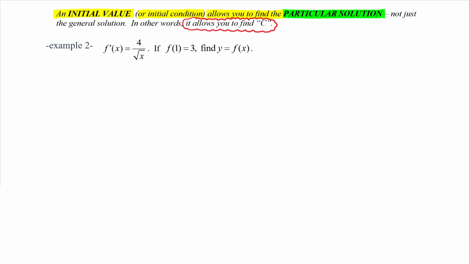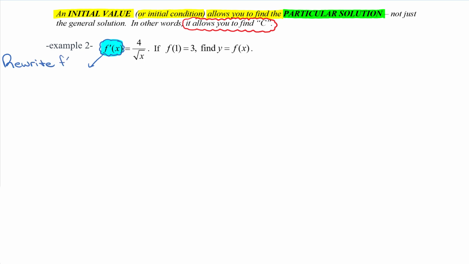All right, example 2. F prime of x is equal to 4 divided by the square root of x. If f of 1 is equal to 3, find y equals f of x. I'm going to highlight the f prime of x. It is important when you have this form of the derivative that you rewrite it.